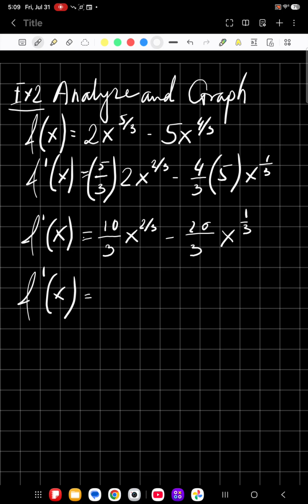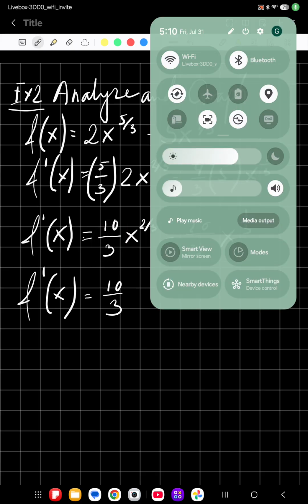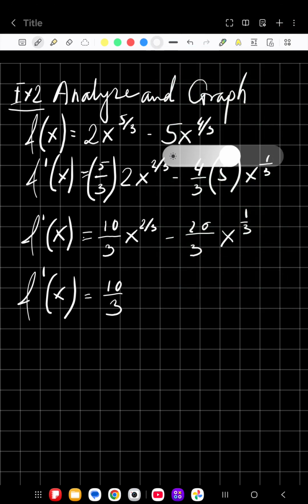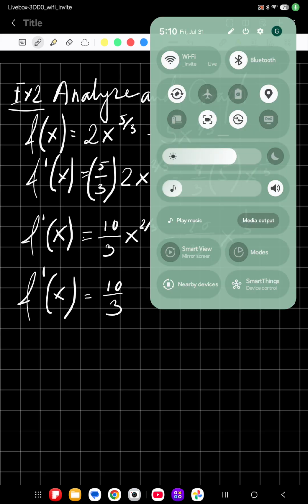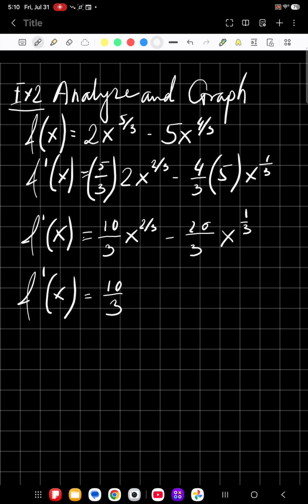Right, so I'm factoring 10/3, right? That's quite easy to see. What I'm doing is factoring 10/3 from these two numbers. So I have 10/3, and then I'm going to factor x to 1/3.